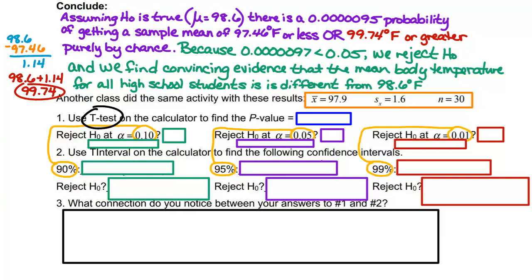And N? 30. Do we want to do not equal to, less than, or greater than? Not equal to. And then we want to calculate this. What is our p-value?